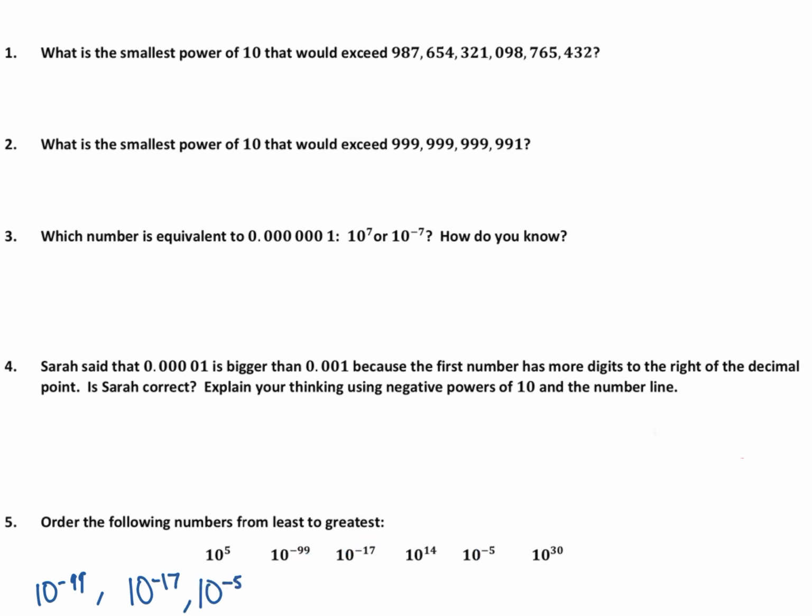So that takes care of those three. Then on our number line, the number that would come next would be 10 to the 5th, because 5 is the closest to -5, and we're going to increase as we go. So 10 to the 14th, and then finally 10 to the 30th. This is the least, and this is the greatest.